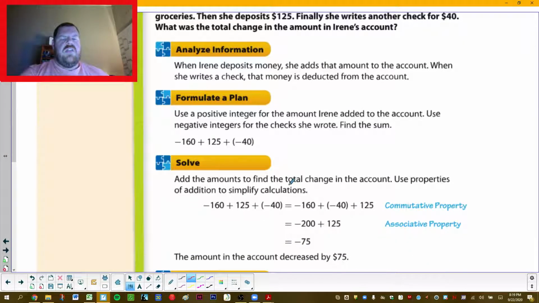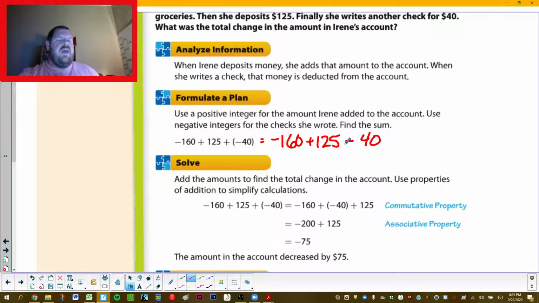So this takes me back to that problem that we were talking about before, because another way that you could write this is you could say, it is the same thing to say negative 160 plus 125, instead of plus negative 40, you could write that as minus 40, right?